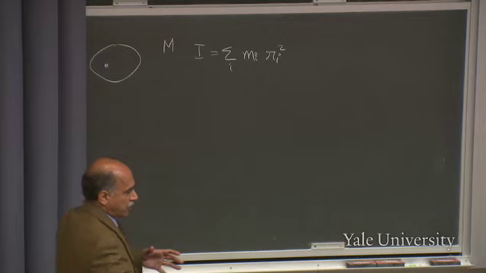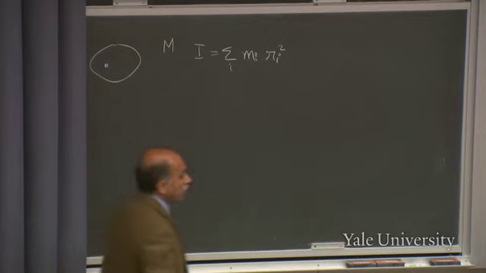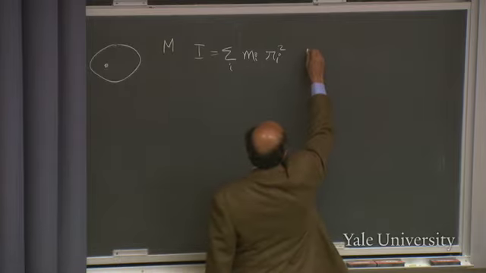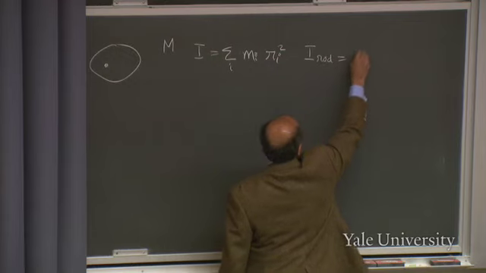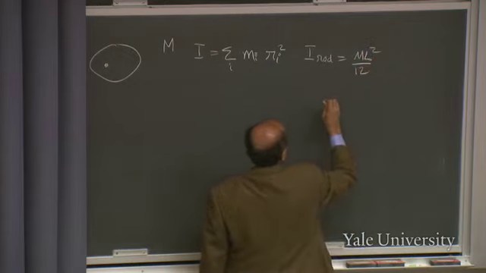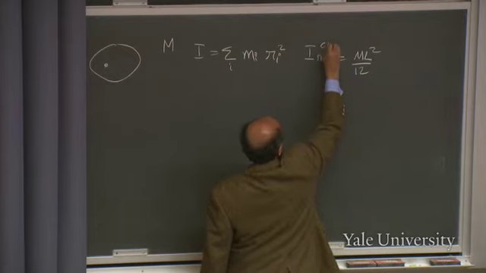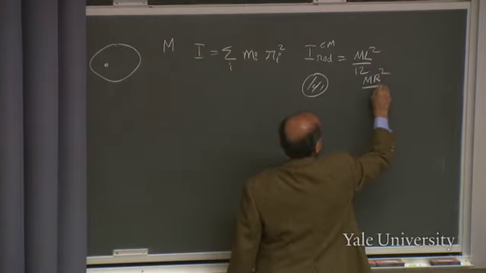For a continuous distribution of matter like this one, the sum is replaced by an integral. For example, for a rod, it was ml squared over 12 around the center of mass, and for a disk, it was mr squared over 2.